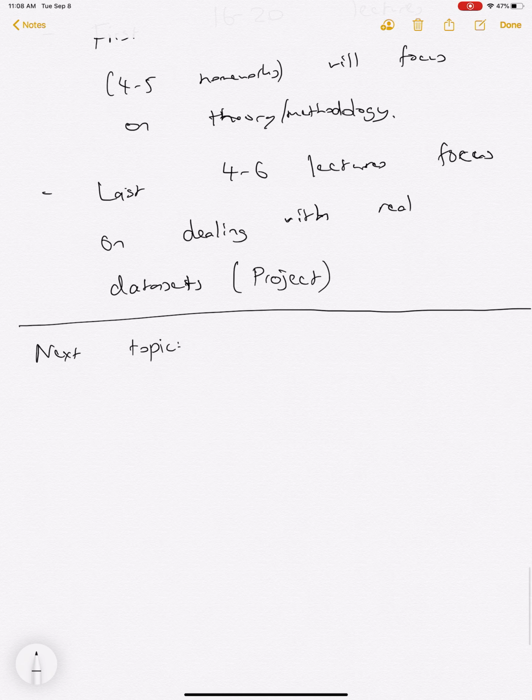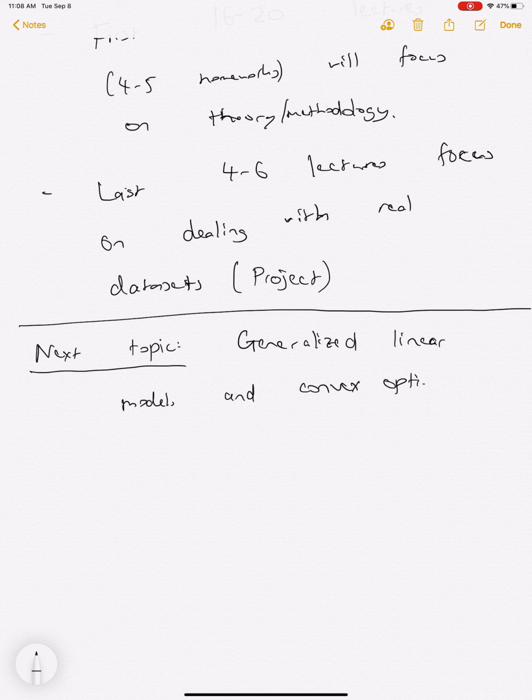So the next topic is... okay, so we're adding a little bit more complexity to what we had before, where we're still in this supervised multivariate setting, but now we're going to look at a slightly more general class of models, which are generalized linear models.